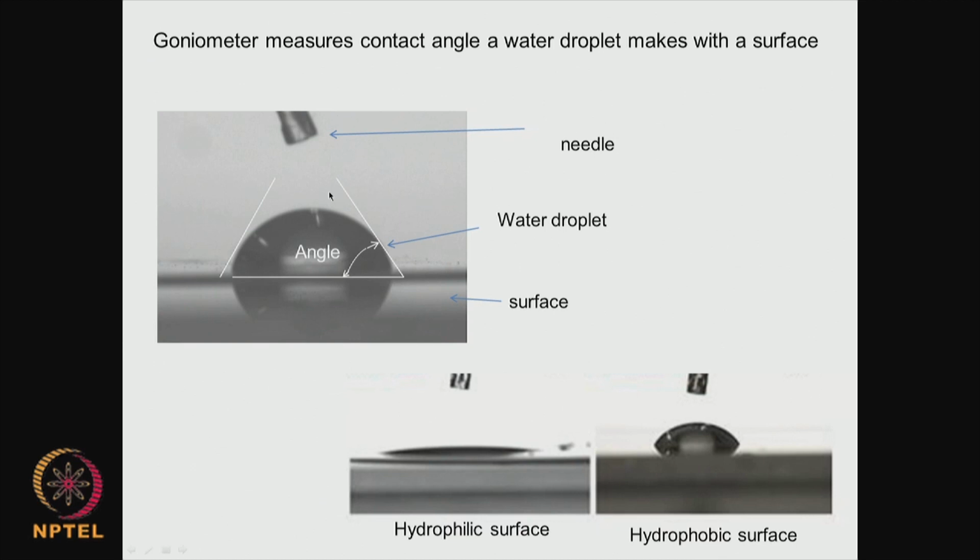So, it is very important to note this. Whenever you design a biomaterial and you prepare it, you need to check the contact angle of the material and tell whether the material is hydrophilic or hydrophobic.